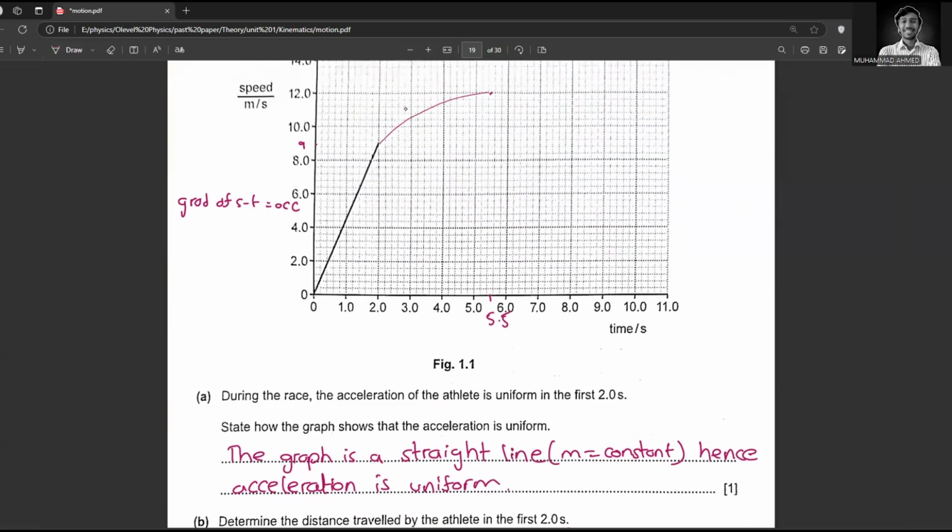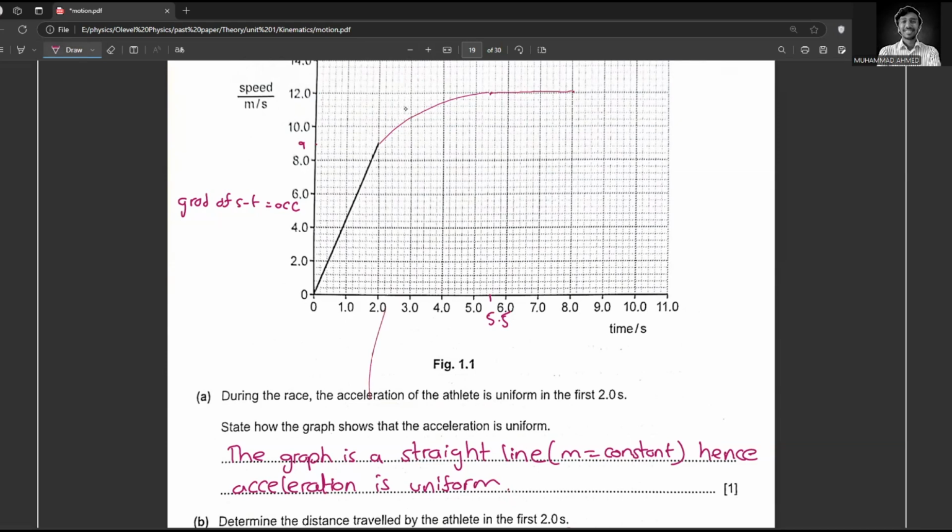So till 8 seconds you have a straight line like this. Obviously, you can draw it with a ruler. I am being lazy, which I shouldn't be. This should be drawn with a ruler.